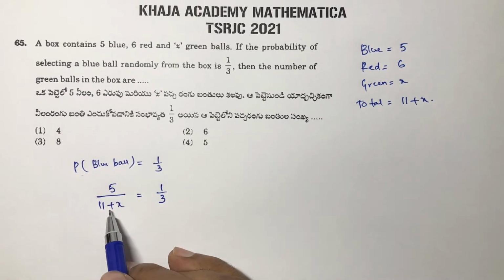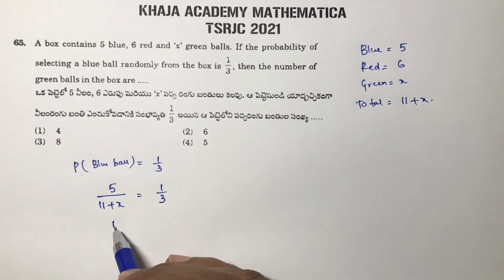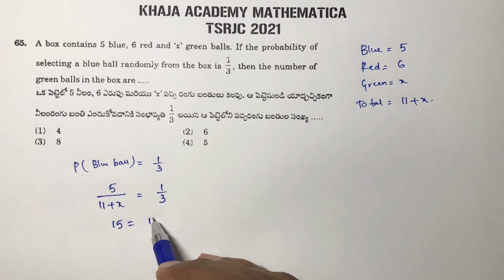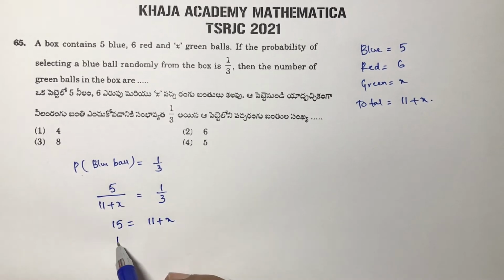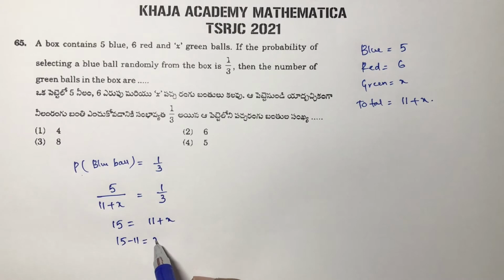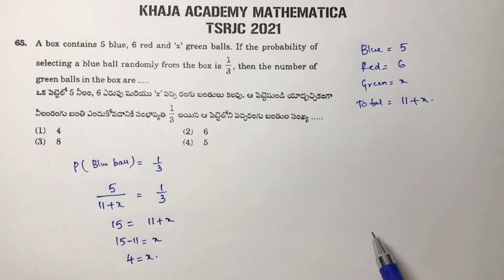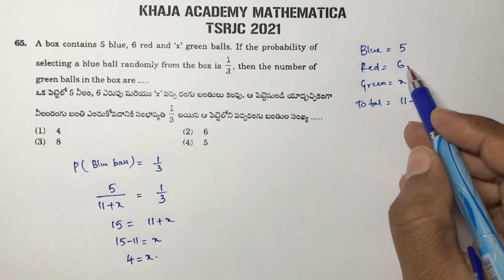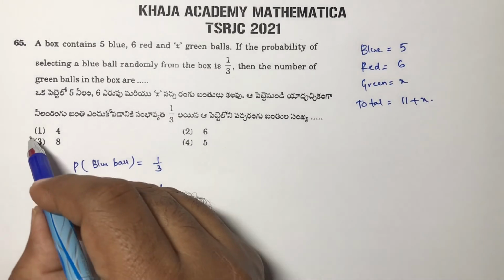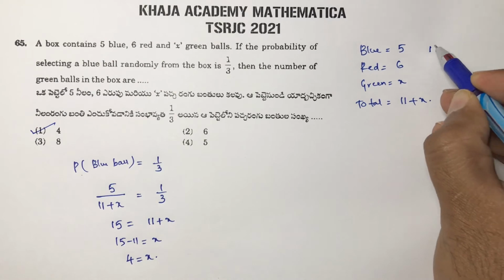Number of favorable outcomes, blue balls, is 5, by total outcomes 11 plus x, is 1 by 3. If you cross multiply, 5 times 3, 15 equals 11 plus x. 15 minus 11 equals x, so 4 equals x. The number of green balls is 4. So the correct option is 1.